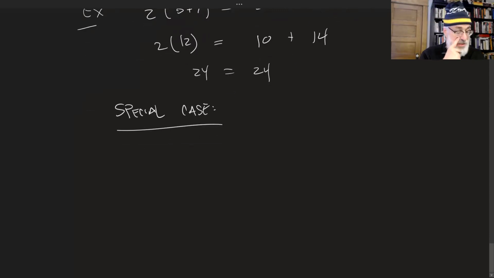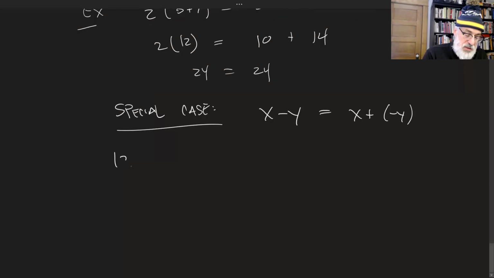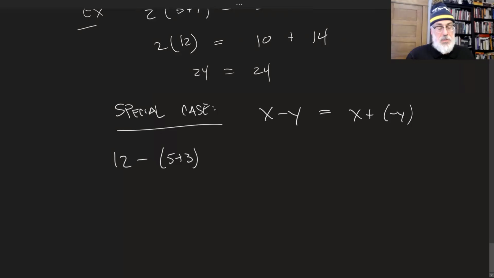I want to talk about a special case before we move on. So notice that x minus y is the same as x plus negative y, as a fact. So let's look at something like 12 minus (5 plus 3). Now, the order of operations says we do the parentheses first.